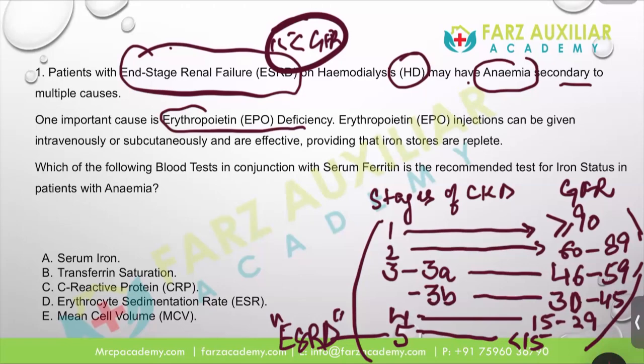Which of the following blood tests, in conjunction with serum ferritin, is the recommended test for status of iron in patients with anemia? Is it serum iron? Is it transferrin saturation? Is it CRP, ESR, or mean cell volume? Saturation. Wonderful. Very good. So the answer is transferrin saturation.